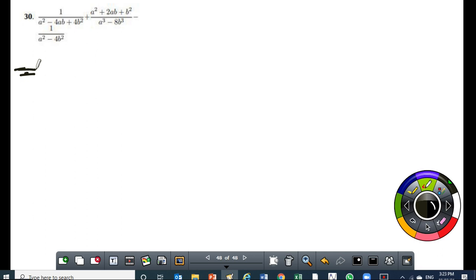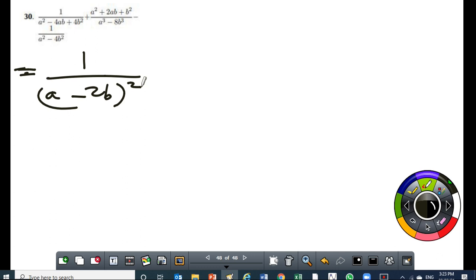Because the first term is a perfect square and the last term is a perfect square. If you multiply the product of the square root of the first term and the last term by 2, you will get the middle term. So this becomes 1 over a minus 2b, all squared.